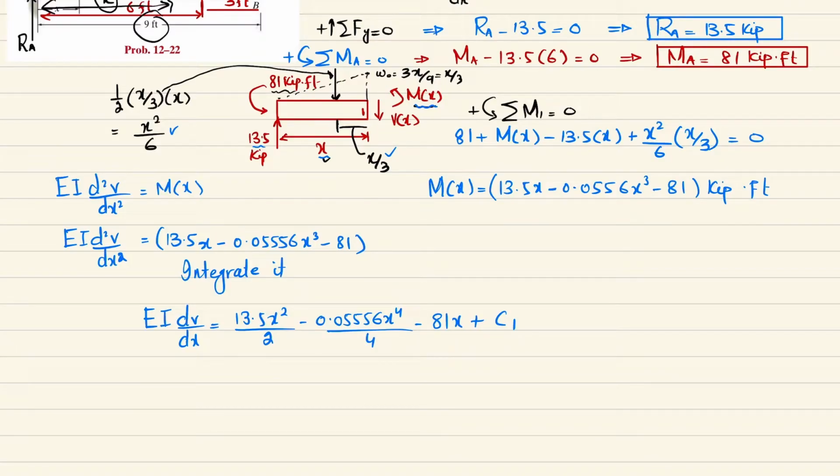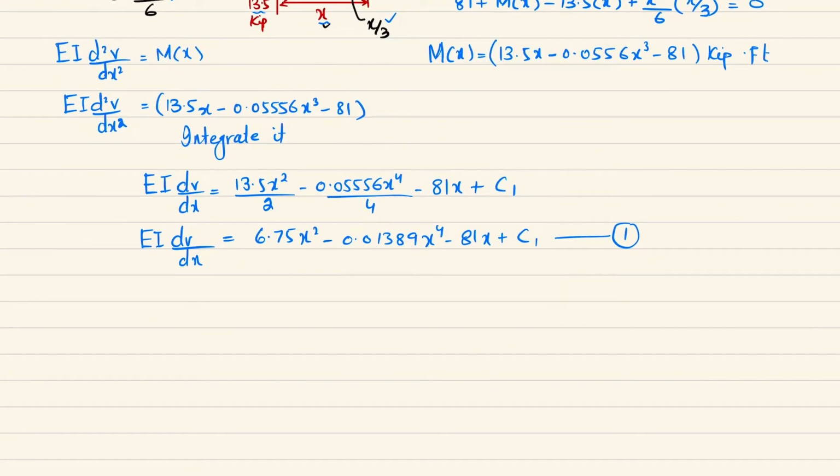When you simplify it, it will be 6.75 x square minus 0.01389 x to the power 4 minus 81x plus c1. This will be equal to EI into dv over dx. Let this be your equation number 1. Now again integrate equation 1.